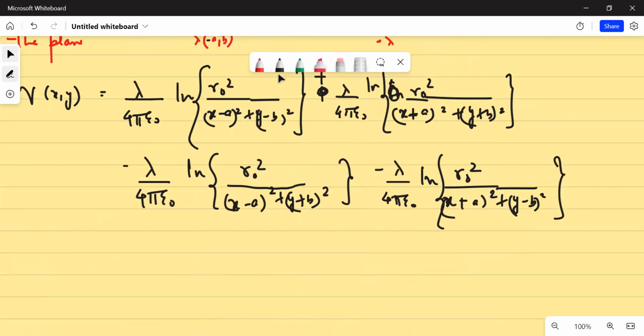So let's check the potential at the x-axis. The y coordinate is 0, so what will we get?